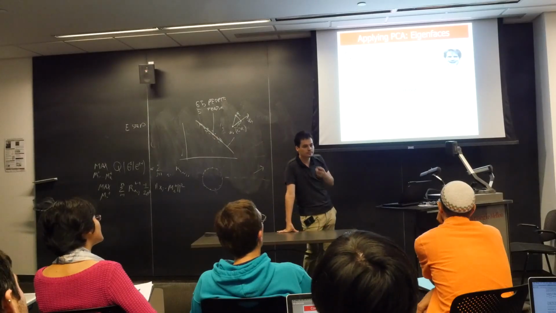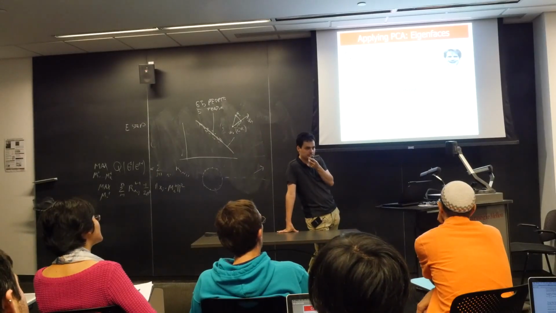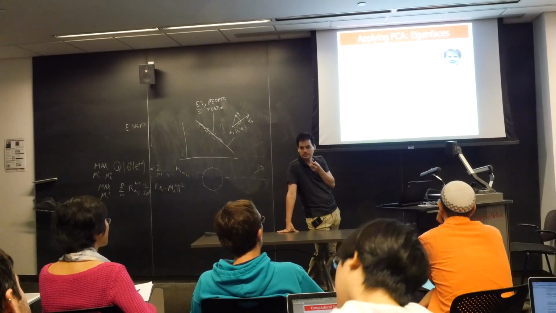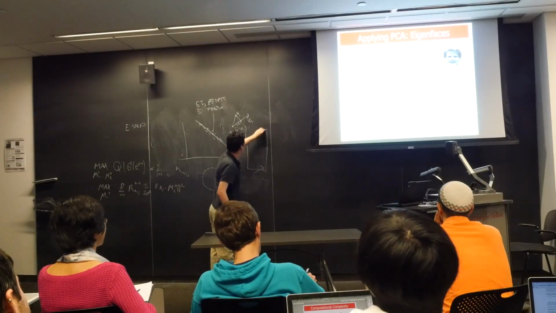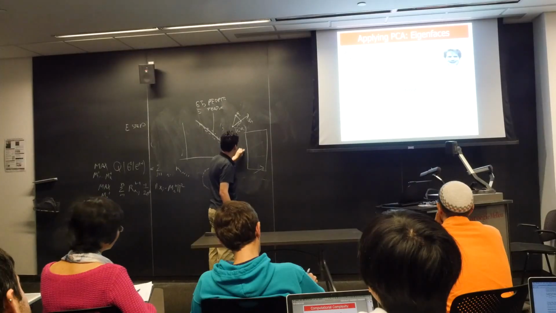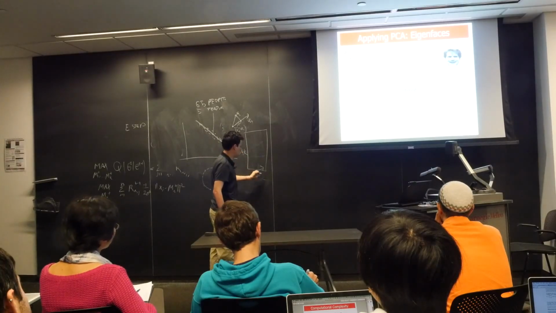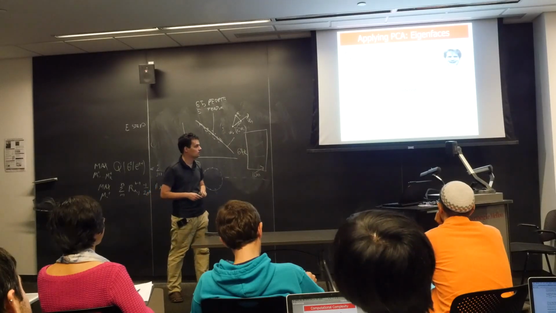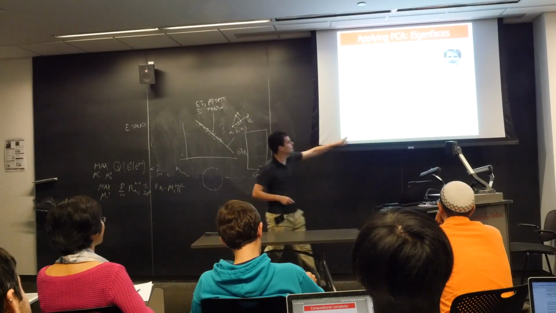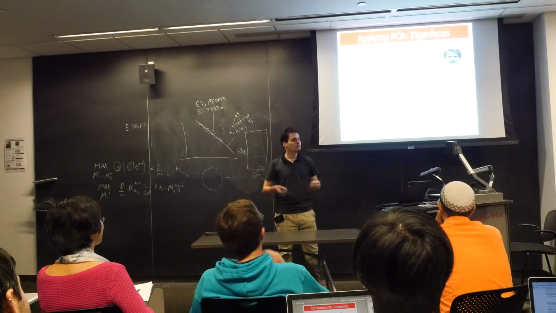What would you do? Is this a sparse matrix? No, it's just 64,000 times 100. Not sparse, nothing. I need the eigenvectors of sigma. If you solve it, you can leave.